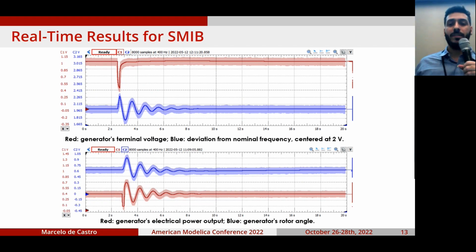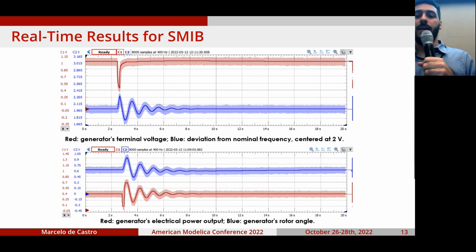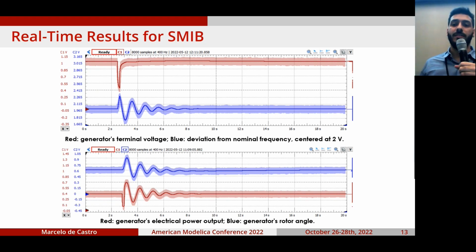As I said before, it's 20 seconds, and as you can see, there is a fault happening. So the top results actually show you the terminal voltage. It's a magnitude voltage, okay? It's in per unit in red. And in blue, you actually see the deviation from nominal frequency that you see on the generator. And as I said before, you actually have a displacement from the real value because of the I/O board issue, with a negative value.